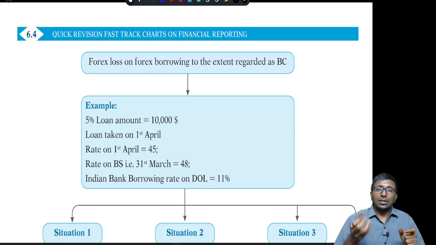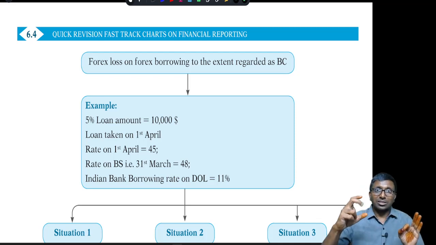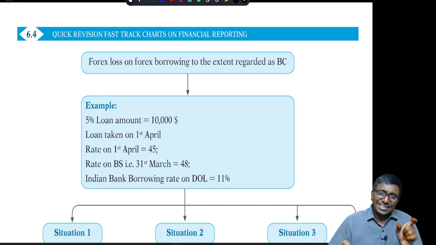Take it as a benchmark. Say your borrowing cost and foreign exchange loss has come to 80,000, and the Indian borrowing cost, if I had taken it, is 90,000 rupees. Then the entire 80,000 will be capitalized.